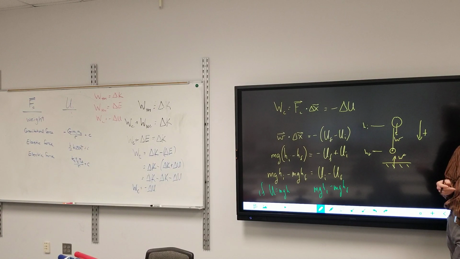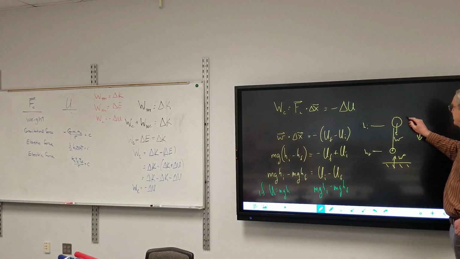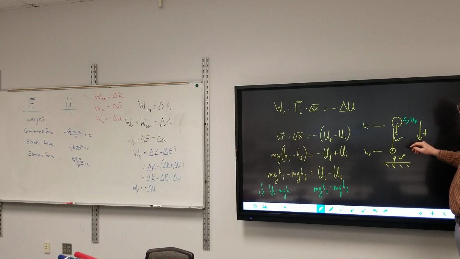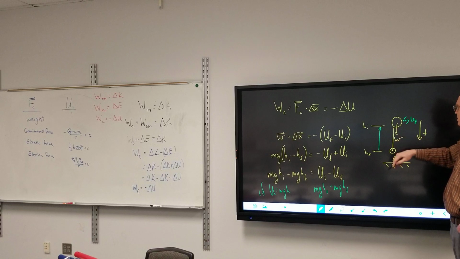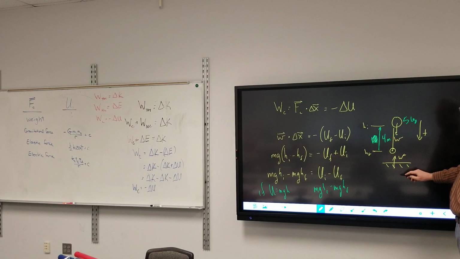Why don't we do a couple numbers here? Let's make a mass of 5 kilograms. This distance right here, let's make it 4 meters and put it on Earth 2, so g is 10 meters per second squared.